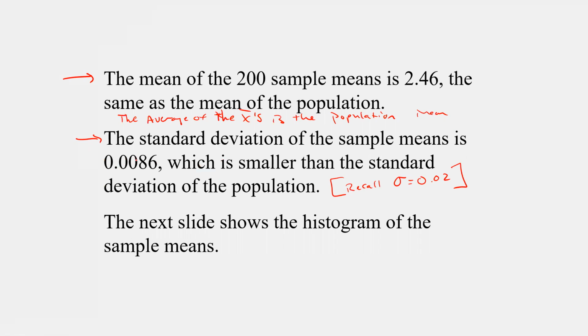This is 0.0086. So it's different. So the standard deviation for the distribution of the X bars is different from the population standard deviation.